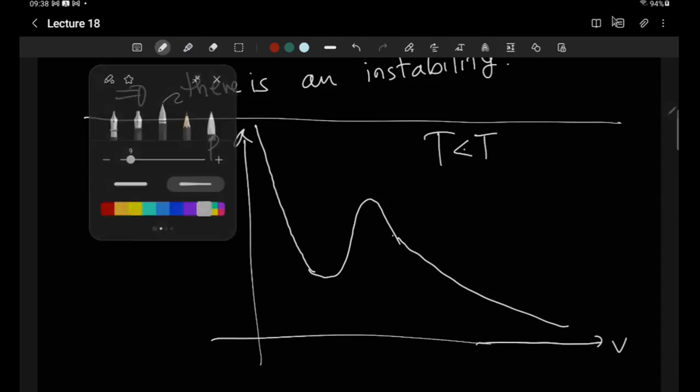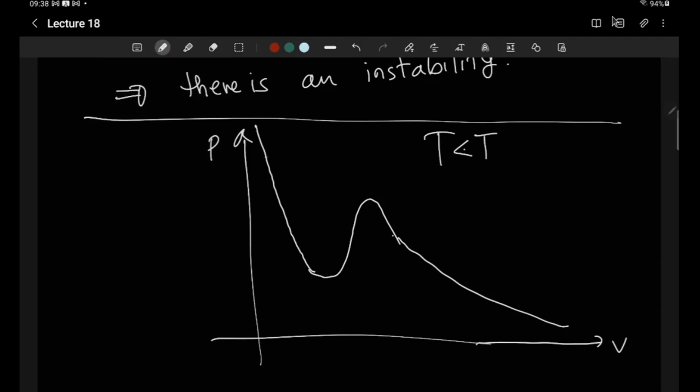Let's label things. Let's say this point is A, this point is B, this point is C, this point is D, and this point is E. Now the question to you is, where do we have the wrong sign of dP by dV, in which segment?